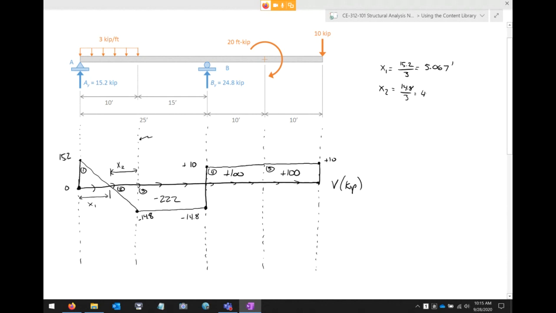And this one is 4.933 feet. And remember that x1 plus x2 has to add up to be 10, right? Because that occurs in this region here, right? And so whatever x1 and x2 are, it's got to be 10. And so those values should make sense from that conceptual standpoint. Everybody with me so far?